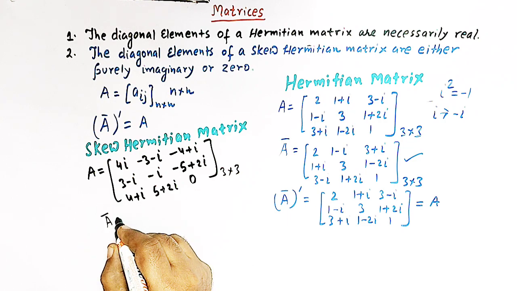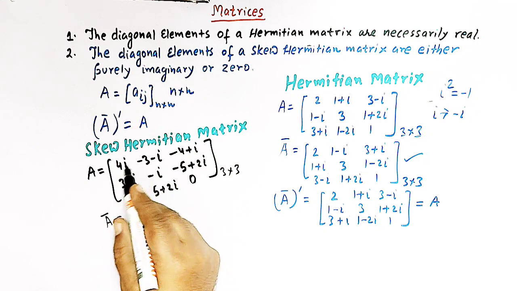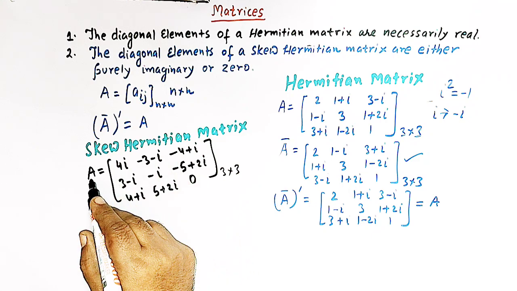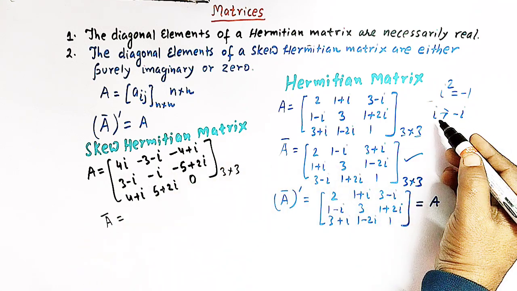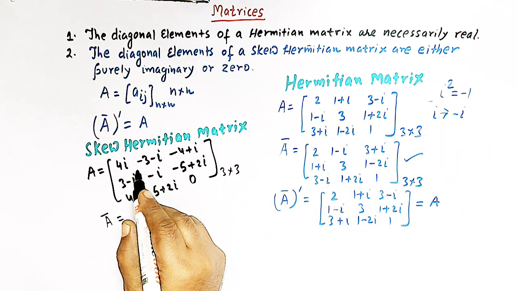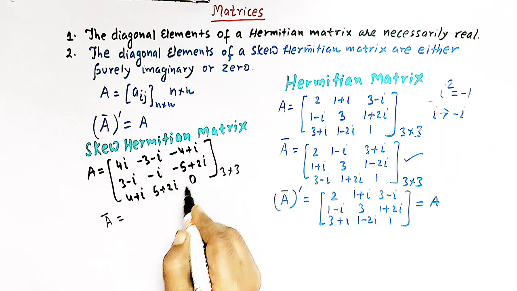So we have A bar, and again to get the complex conjugate of this matrix A, let us replace i by negative i in all these entries.